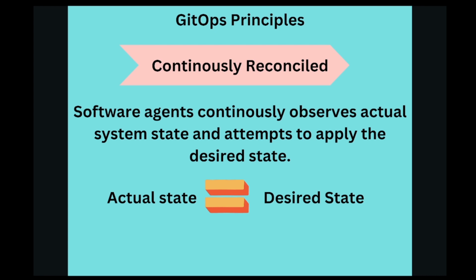So, the agent that has been running in your Kubernetes cluster will constantly be checking your Git repository and trying to make your actual state, or you can say the live environment, equal to the desired state. In short, whatever you have declared in the code or in the manifest YAML files should be exactly implemented in your environment, or you can say should be deployed as an application in your cluster.